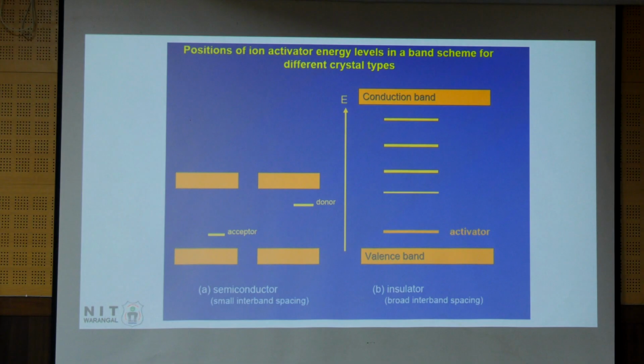If you dope a certain element, it will form an activator level somewhere between the valence band and conduction band, either an acceptor or donor level. In metal, it is not possible, isn't it? So if somebody brings a metal and goes for a photoluminescence test, it should not be done.